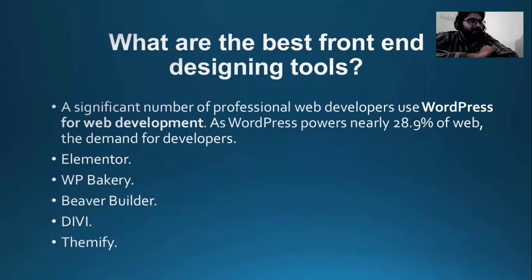So we have five important ones which are the best designing tools. At number one, we have Elementor, and number two, we have WP Bakery. Then we have Beaver Builder, and number four, we have Divi, and number five, it's Themify.